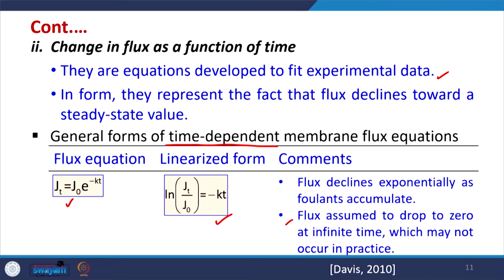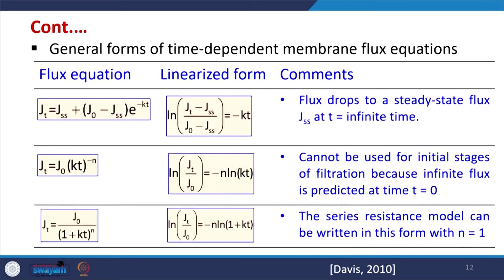So we are assuming that flux will ultimately stop totally, which may not actually occur in practice. This is the drawback of using this equation, but it may be true up to a certain time.